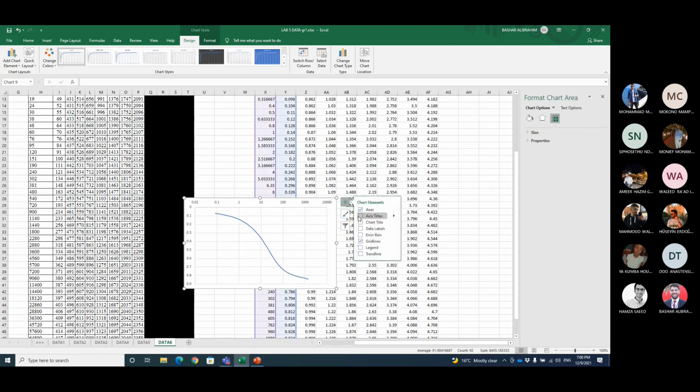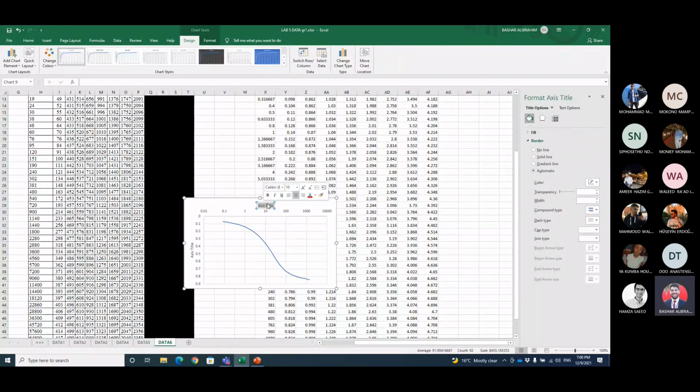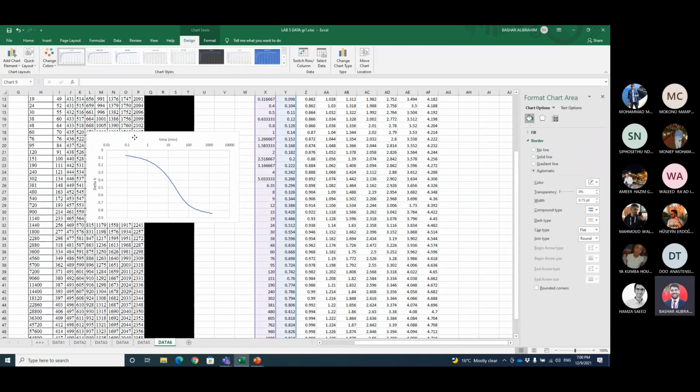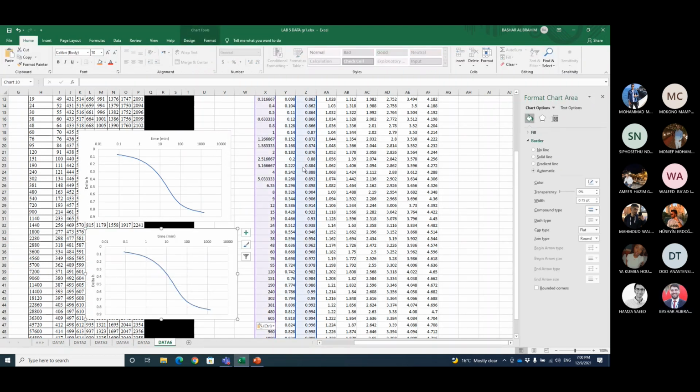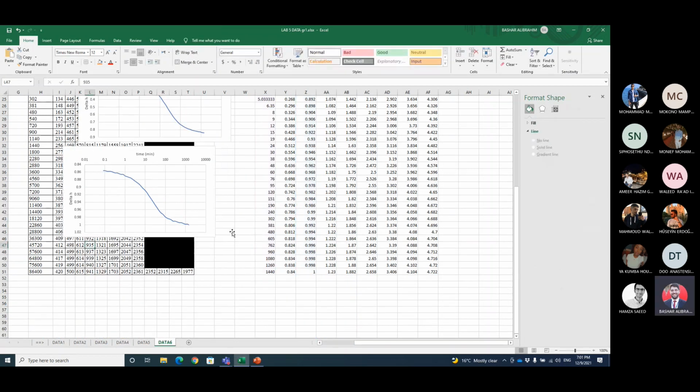Here I have time in minutes, right? And here I have delta H. Okay, understood? You need to do a figure for every load. So this is for the second load, for the third load.